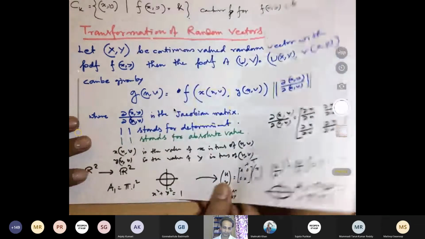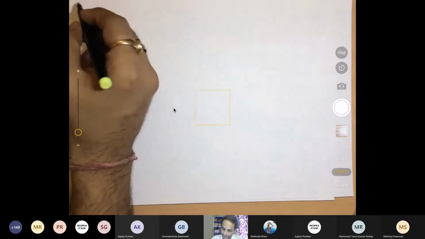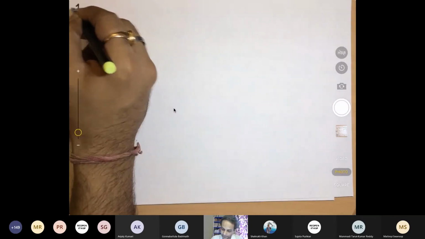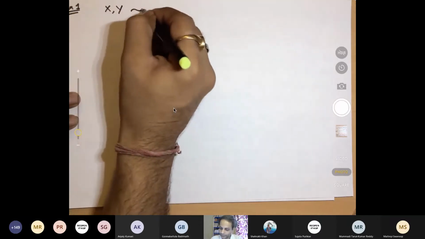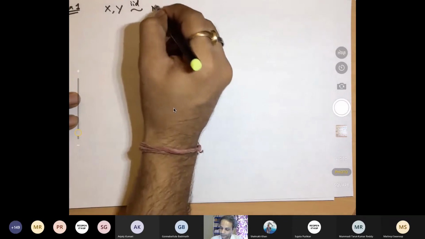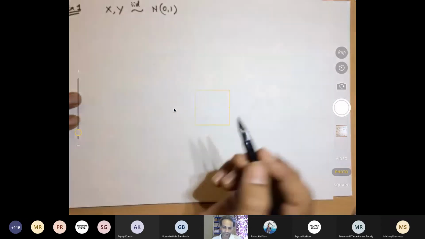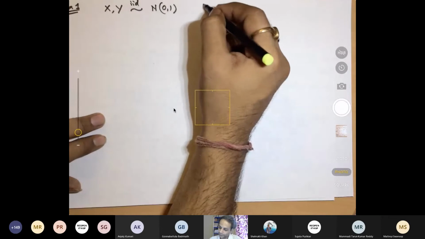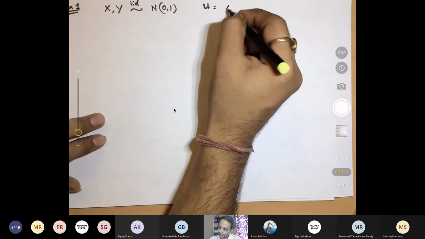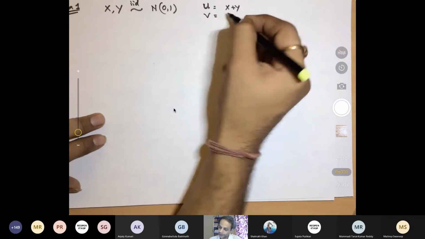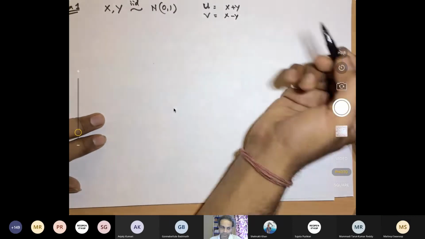Okay, so let us have a quick example. We will gradually develop the complicated problems, and eventually we'll show the proof of the Box-Muller method. So example 1: let x, y follow IID normal 0, 1. Define u equals x plus y and v equals x minus y.